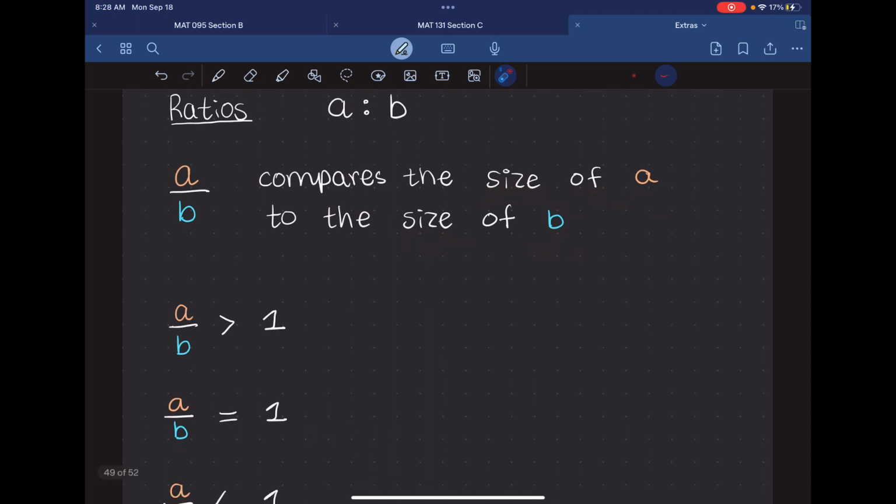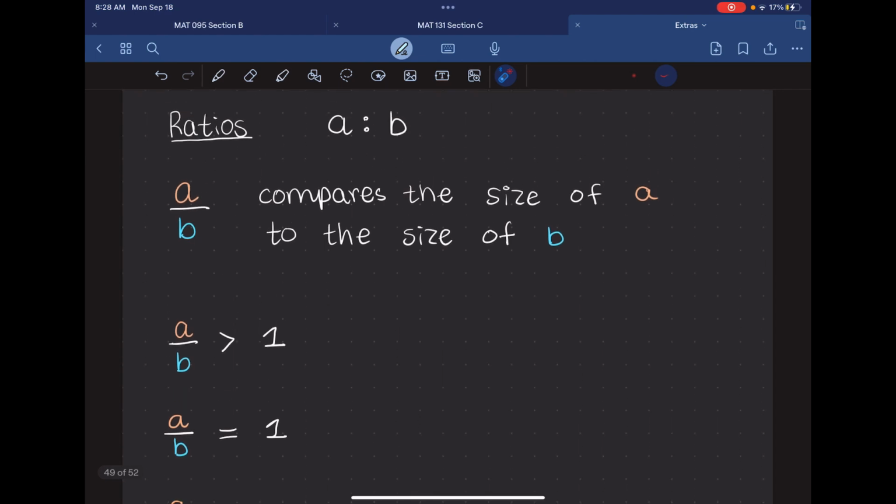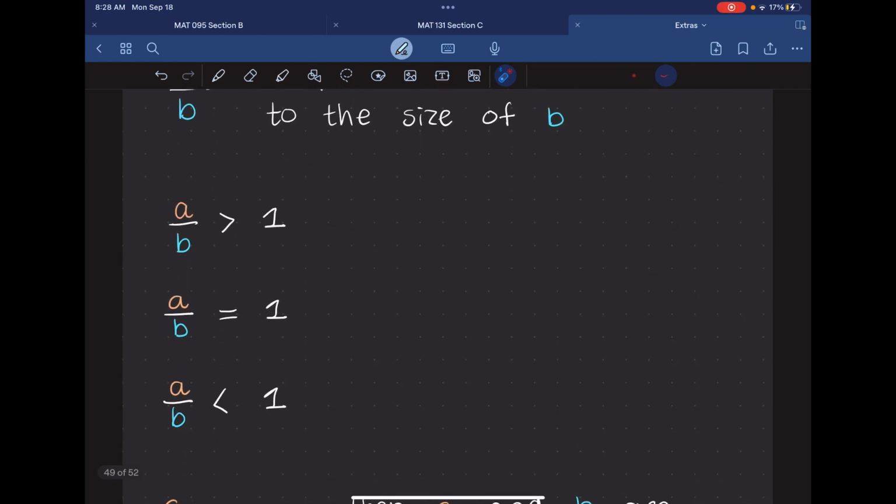And so basically that means that if we have the ratio A over B is greater than 1, then that's going to mean that A is larger than B. Okay, and so for example, if I had something like the ratio 4 to 2, this is equal to 2.